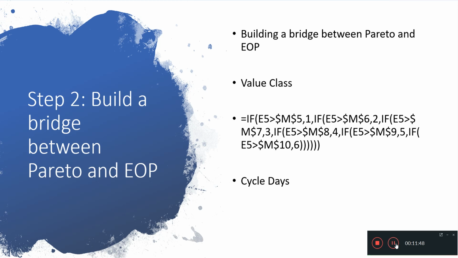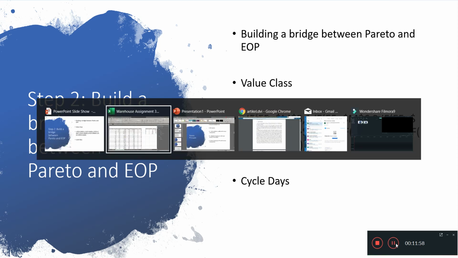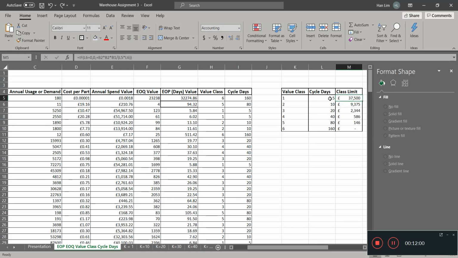The first one will be creating the value class, and we need to decide the value class based on the cycle days over here.